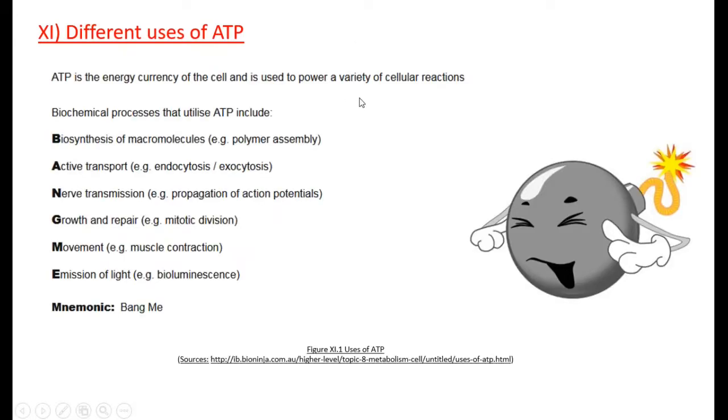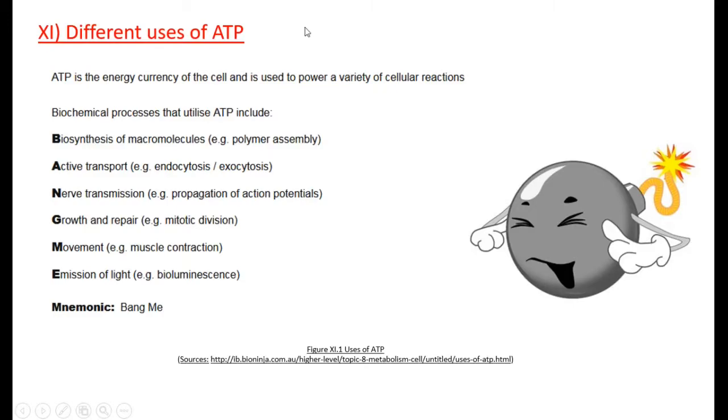Number 11, different uses of ATP. In the syllabus, it is said that you need to know a few things in which ATP is used up. So I found this diagram from the bioninja.com internet site.